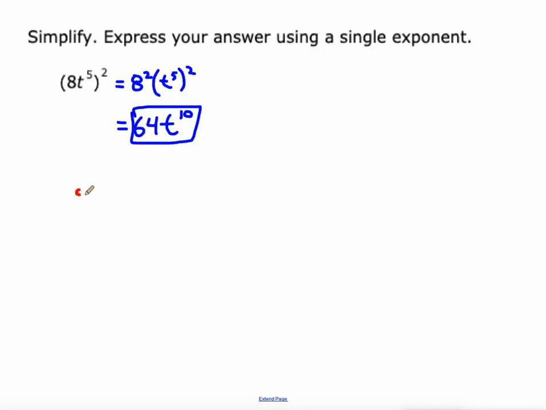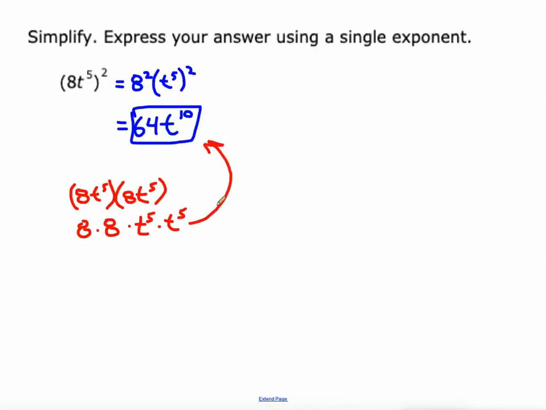Another way to look at it is 8t to the fifth times 8t to the fifth, which is like 8 times 8 times t to the fifth times t to the fifth, which is 64t to the 10th.